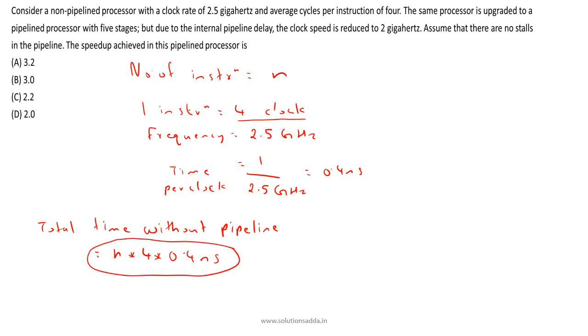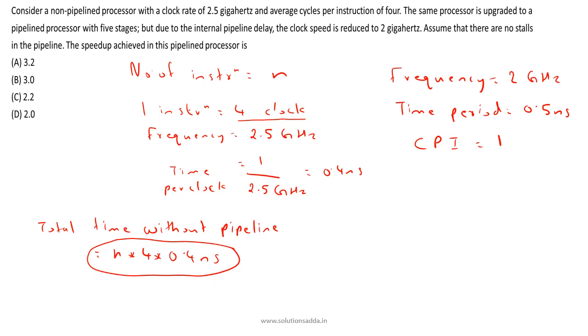Now for pipelining, how can we calculate? Under ideal situation, pipelining will take one clock for one instruction. The frequency is given as 2 gigahertz, so the time period is equal to 0.5 nanosecond, and CPI is equal to 1, because in a pipeline system under ideal condition the CPI is equal to 1.